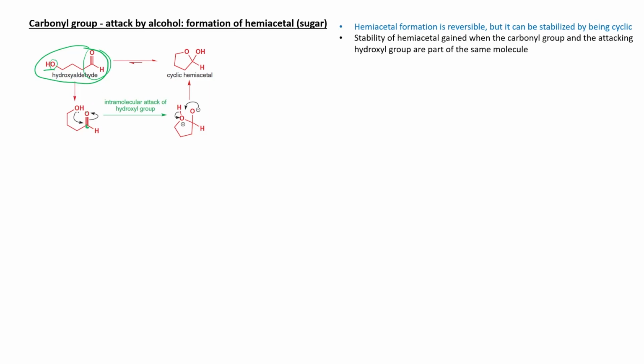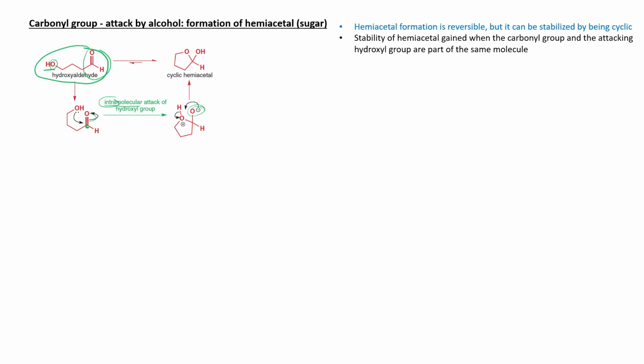So it will be an intramolecular attack. Intra here means that it happens within the molecule. It will attack the partially positive carbon atom here, and cause the pi bond of this double bond to go to the oxygen, which becomes negatively charged, and then this negatively charged oxygen will find another proton.